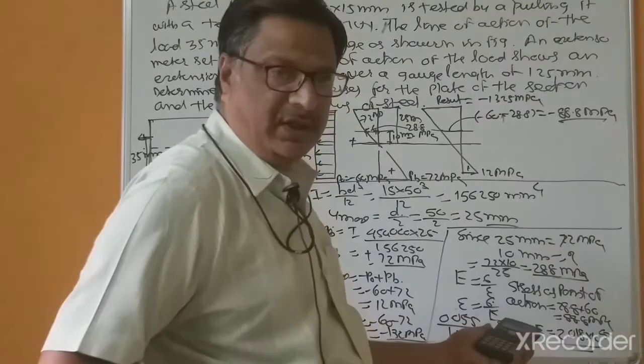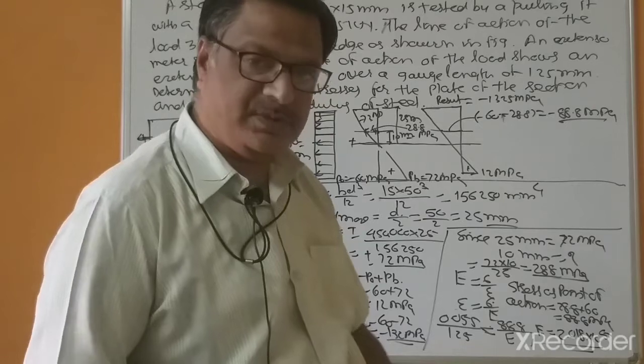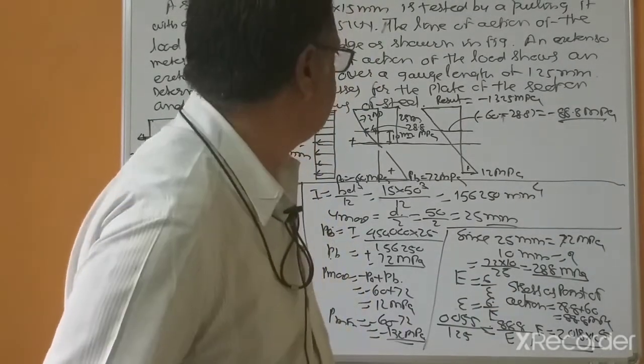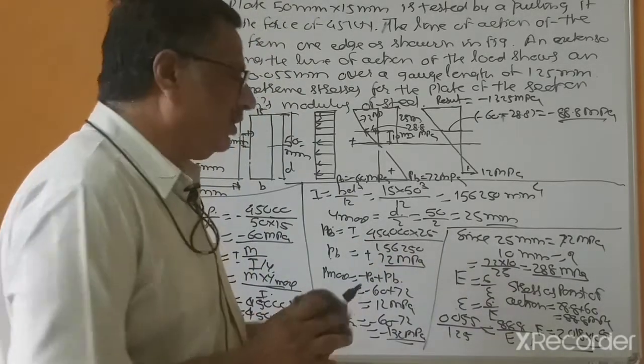So this is correct. Approximately 2 into 10 to the power 5 Newton per mm squared. So this is your required answer.